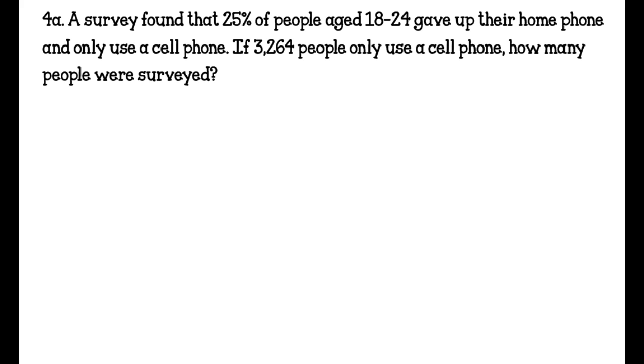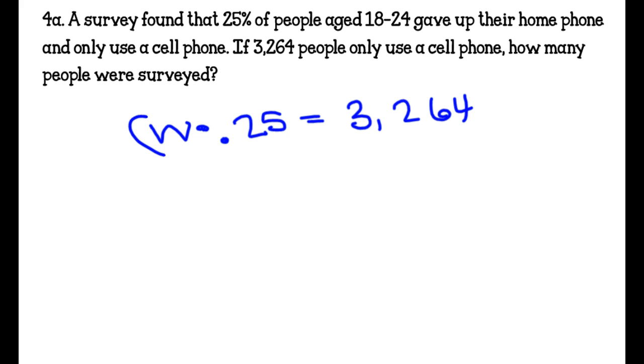So you take the whole that they surveyed and you take 25% of that, and that gives us our part, which is 3,264. So to find how many people did they survey, we're going to divide by 0.25. So it's 3,264 divided by 0.25.